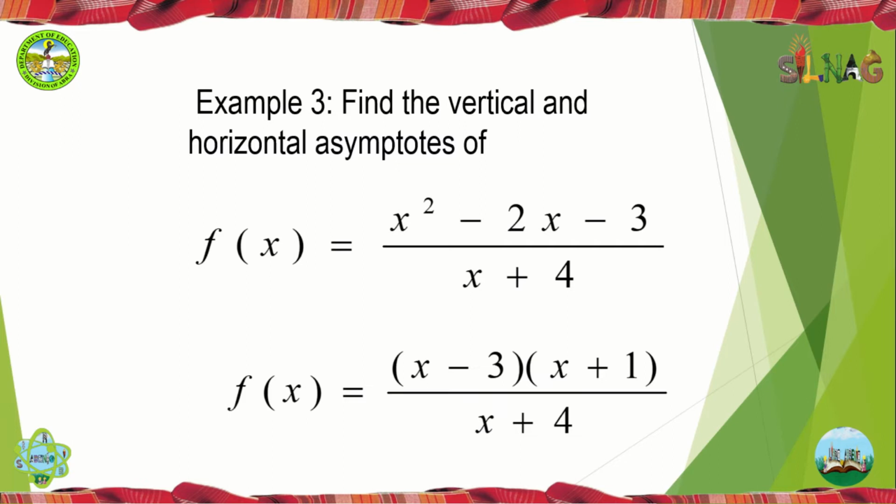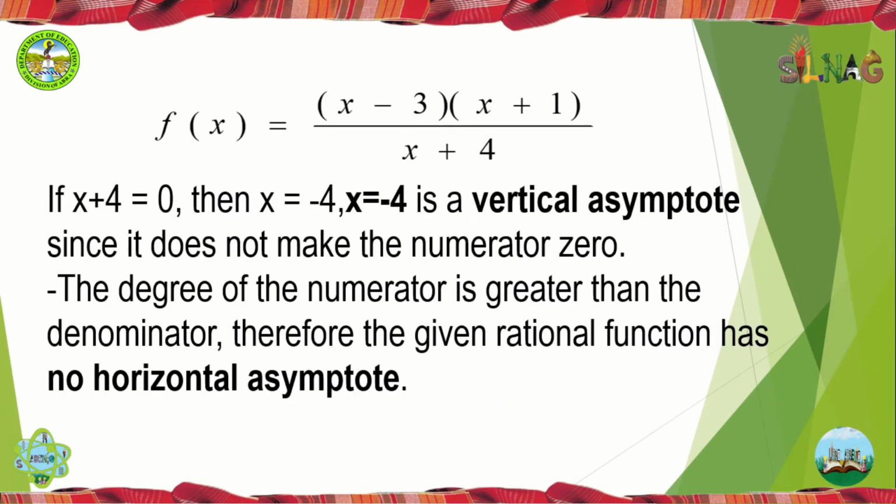Then you just copy the denominator because it is a prime polynomial. Then if x plus 4 is equal to 0, then x is equal to negative 4. Negative 4 is a vertical asymptote since it does not make the numerator 0.